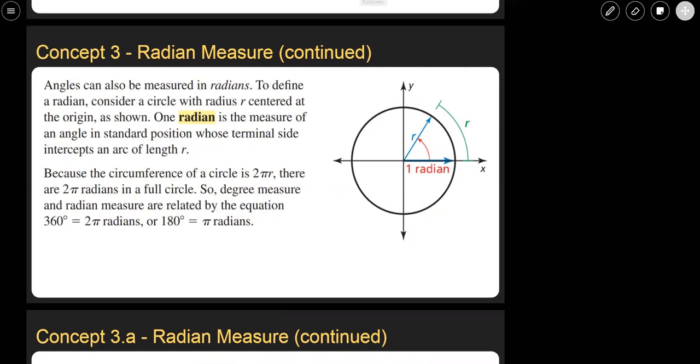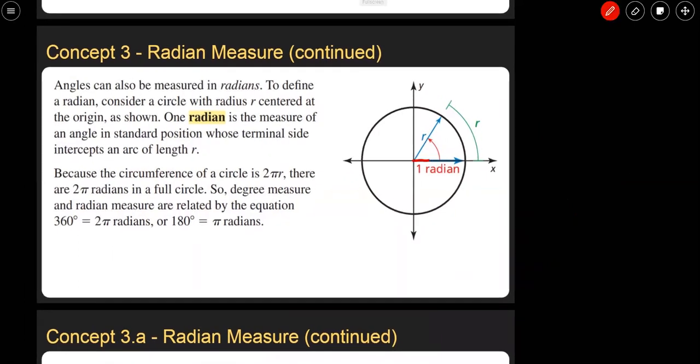What we are basically doing is taking the measure of one radius of a circle and imagining that this red line that I drew was like a piece of string that I could then drape along the outside of this circle. And the distance between the start point of the angle and the end point, or the initial and terminal sides of the angle created by this radius length piece of string, we call the measurement of that angle 1 radian.